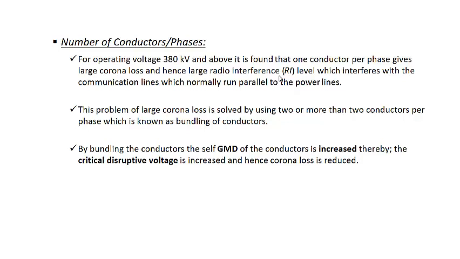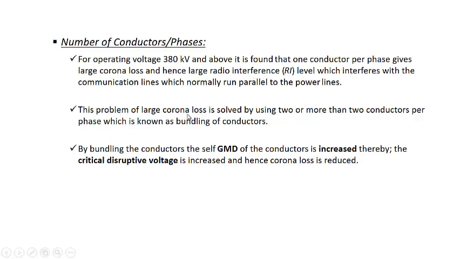That means interference in the communication lines, which normally run parallel to the power lines. It results in interference in the communication lines which are in close vicinity to the conductors.